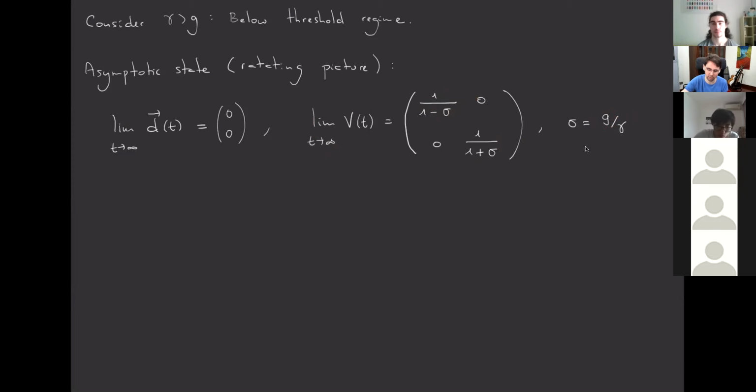However, now what's interesting is that if we plot the variance of the position and the variance of the momentum as a function of the down conversion rate, we get something like this. So let me write here.